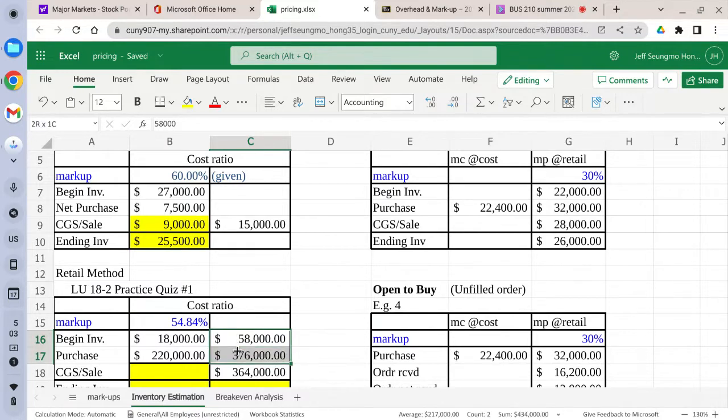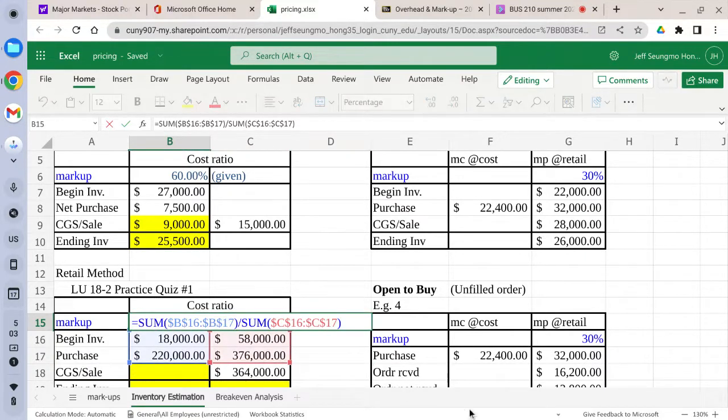In other words, if you sum this and divide it by the sum of this, that will give you the cost ratio. So that's what I did. I summed this and summed this, and because this is the cost side, divided it by this.